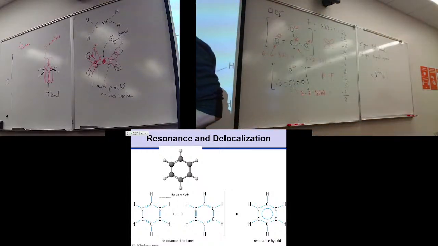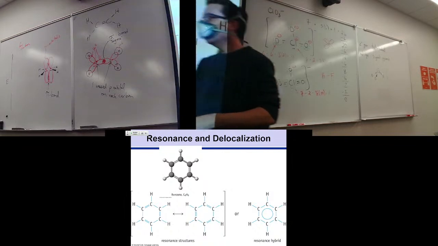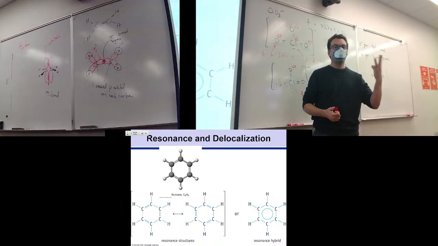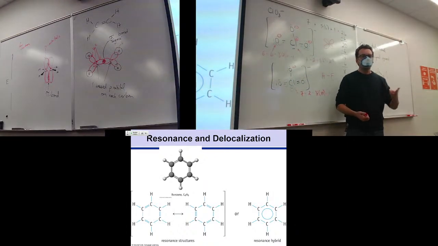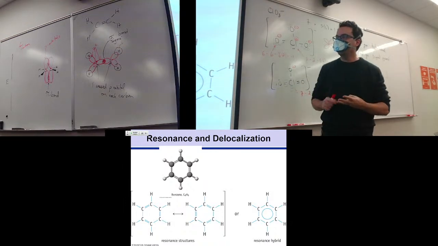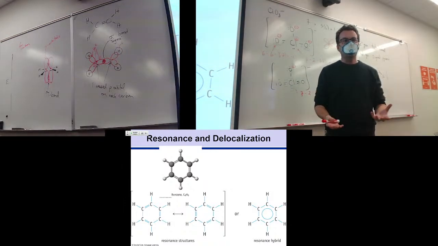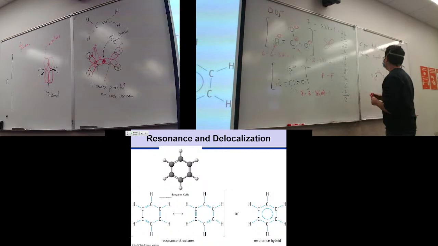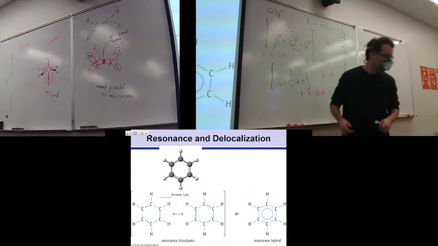Around any one carbon, what's the shape? There's 1, 2, 3 groups of electrons around that carbon. Every other carbon is the same. 3 groups of electrons is trigonal planar. So every carbon in that molecule is trigonal planar. Trigonal planar means that the hybridization is automatically going to be sp2. And don't forget, you write this down.